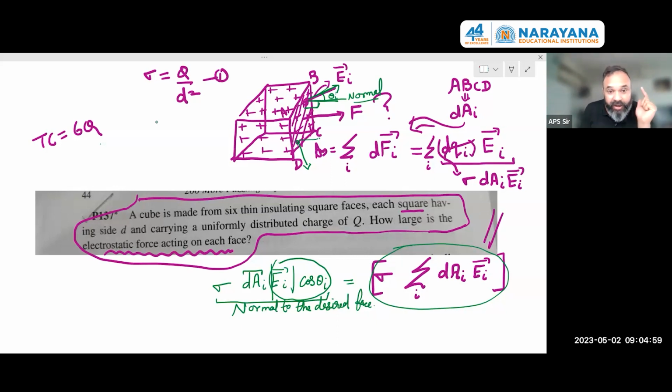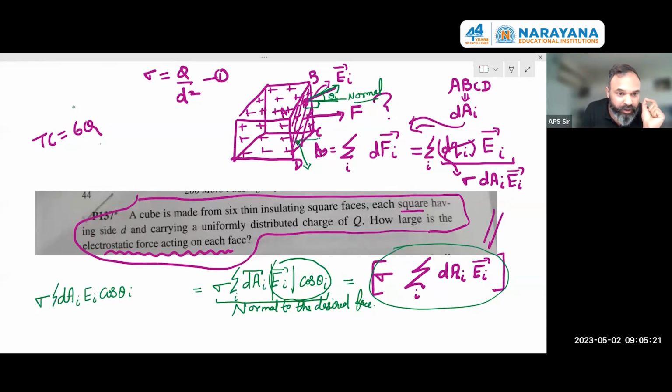Now at least the directions have become easy, because now it is sigma, differential area dAi, the field Ei into cos theta i. And now I know the direction of force on this face. Now somehow I am searching. Remember, there is sigma over i also.